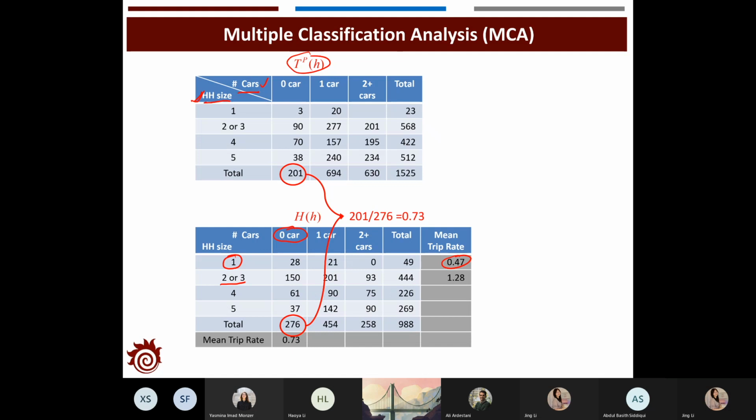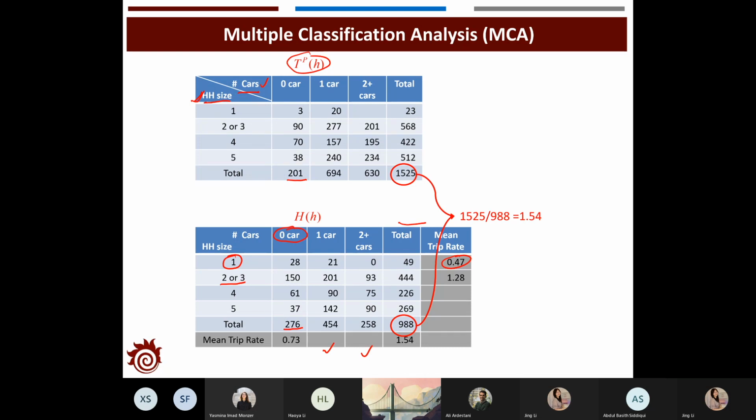For example, for the category without any car, the total number of trips is 201, and the total number of households is 276. So the mean trip rate would be 201 divided by 276, that is 0.73. And you can also find the value for the category with one car and with more than 2 cars.